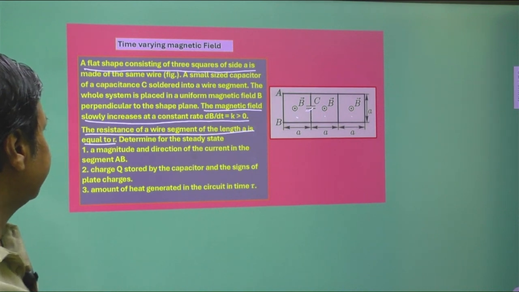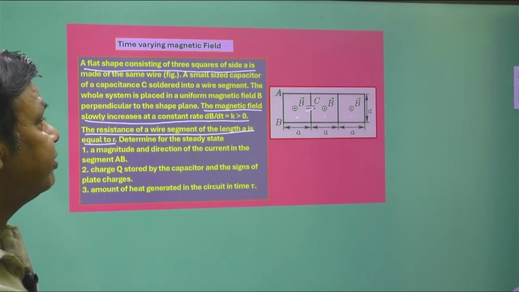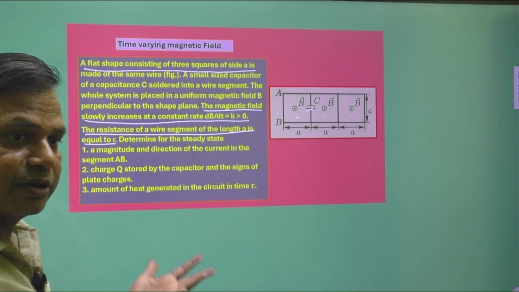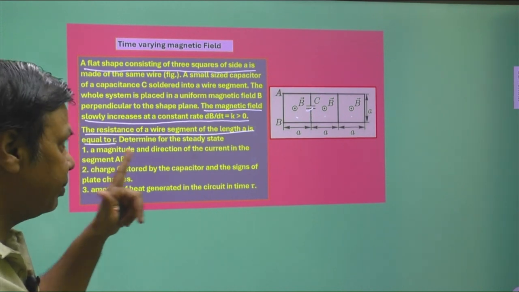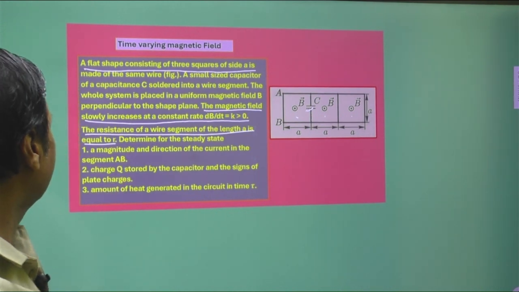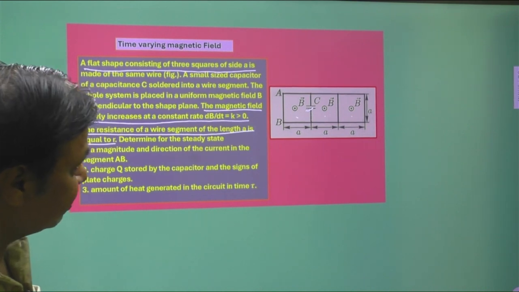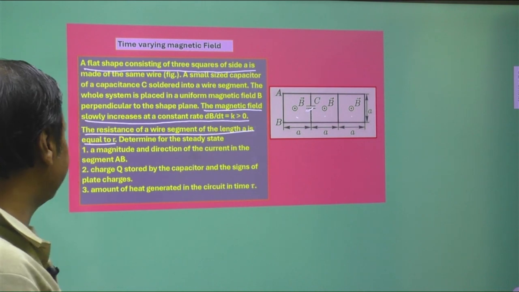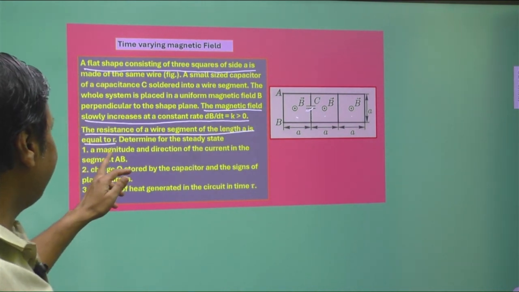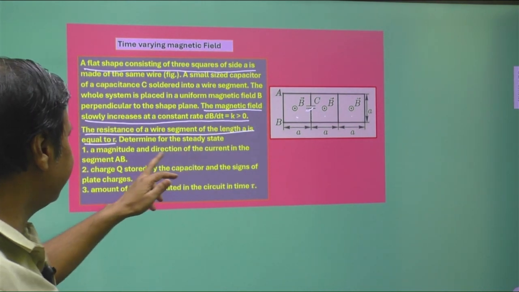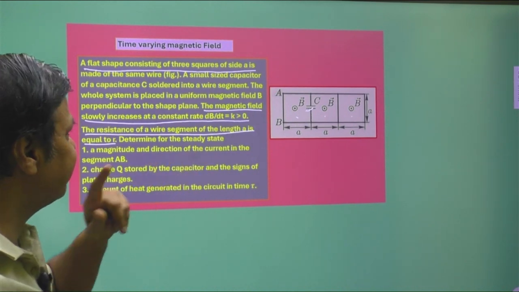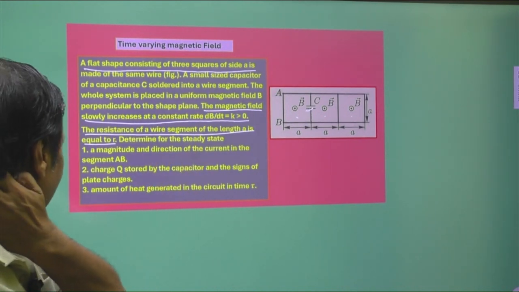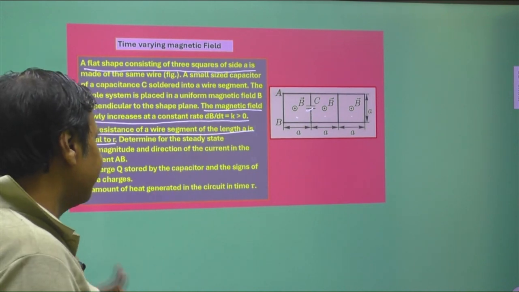Determine for the steady state, that means we have to solve this problem in the steady state, and that means something is going to happen. We will analyze it pretty soon. The magnitude and direction of the current in the segment AB. We need to find out the current flowing in the steady state.